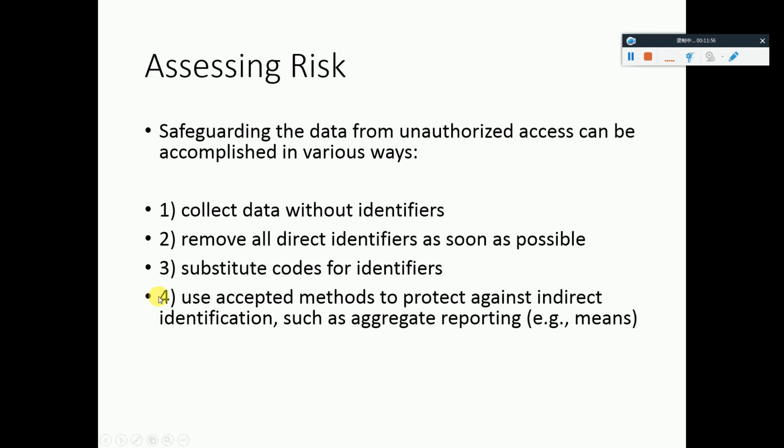One last way to protect against the unintentional leak of sensitive information is to report means or numbers at an aggregate level. You do not report individual numbers. For example, on a question on illegal drug use, a particular participant reported that yes, I do use illegal drugs.